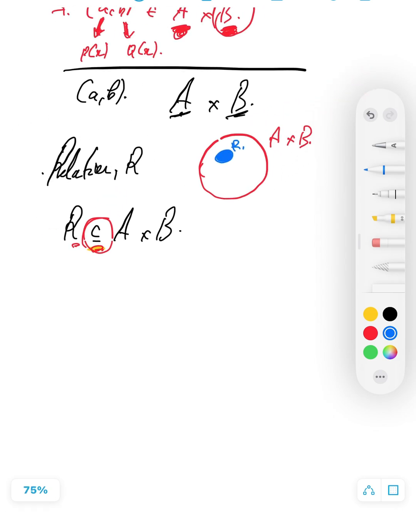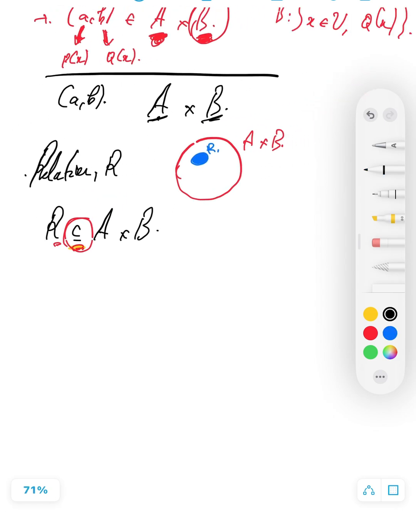So you know that a singular set is based on a predicate. That is a very important thing we've been talking about. But now we have an additional predicate. So we have two predicates this time.